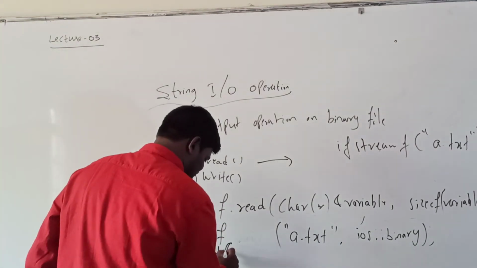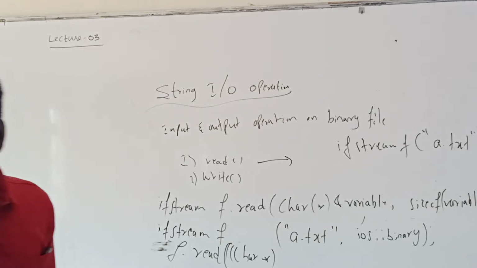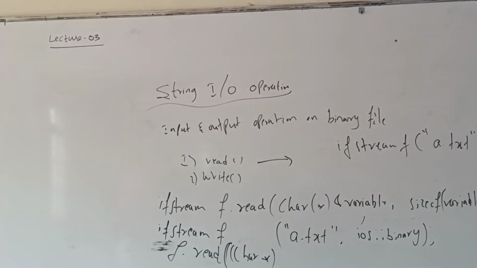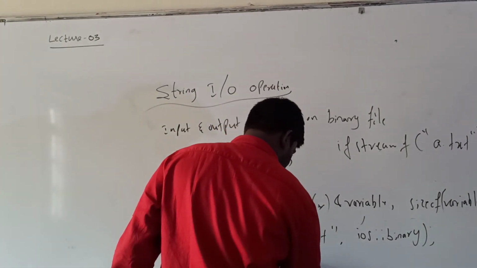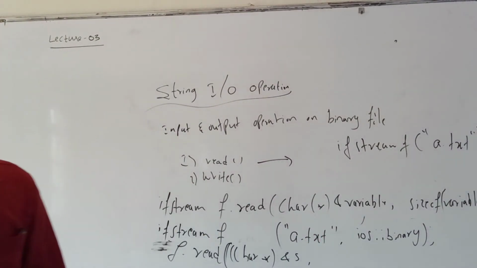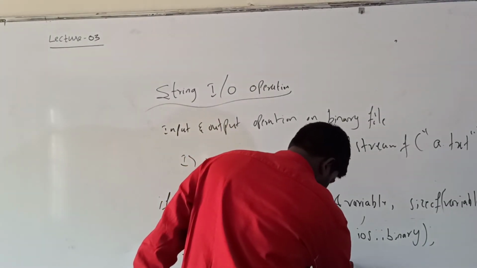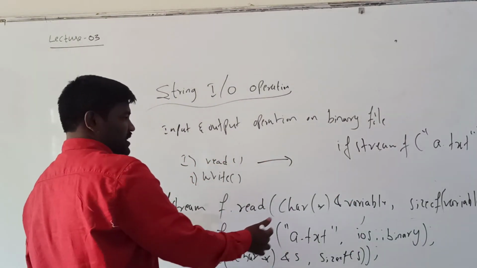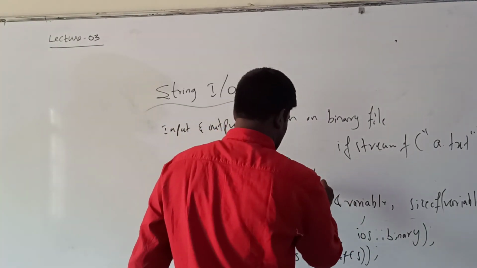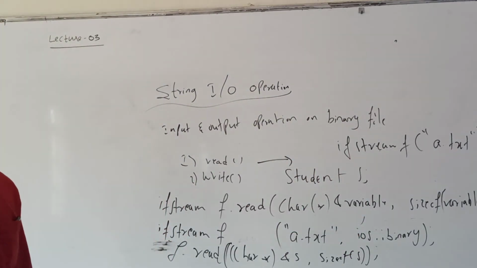First char star is there, so I can write char star, here and of yes, comma, size of yes. Before this one I can create one object, that is student yes.